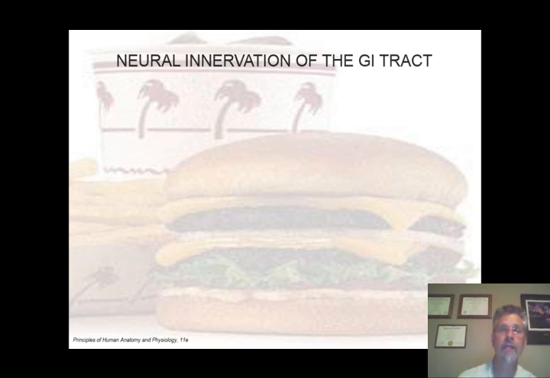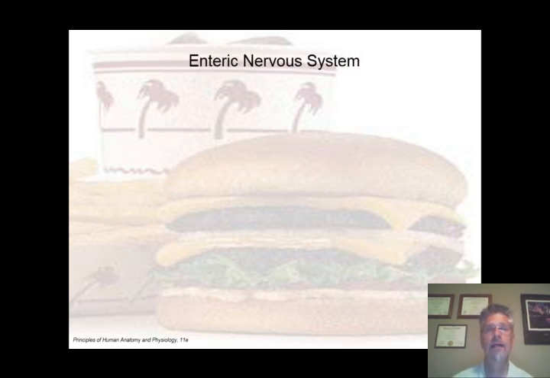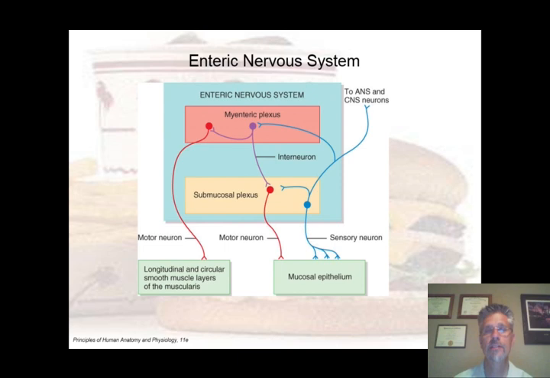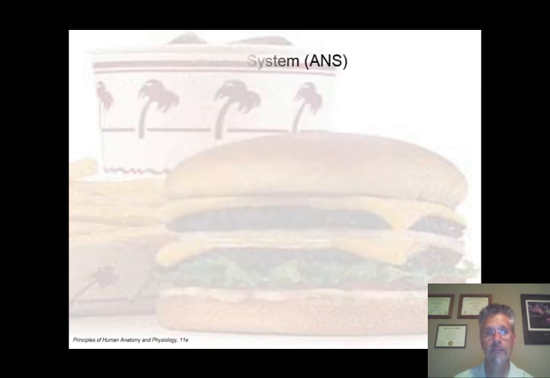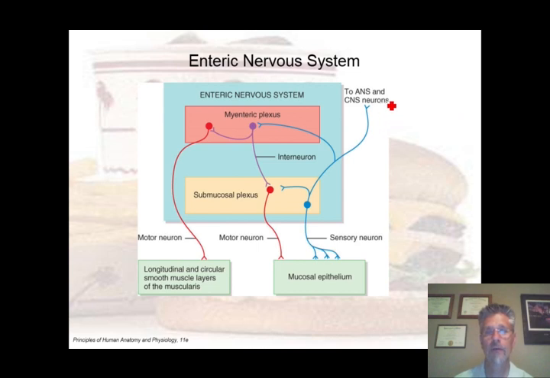So neural innervation is going to have to do with, again, kind of extrinsic and intrinsic control. The intrinsic control here, the localized control, is called the enteric nervous system. It coordinates with the autonomic nervous system as well and the central nervous system, but its main role is going to be to coordinate things at a lower level itself.